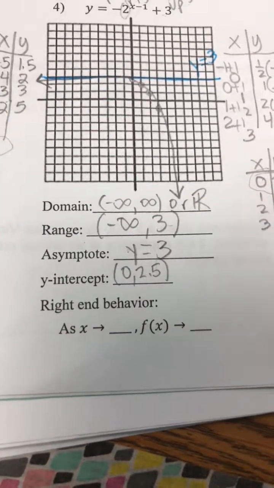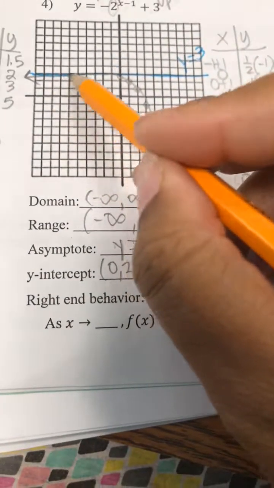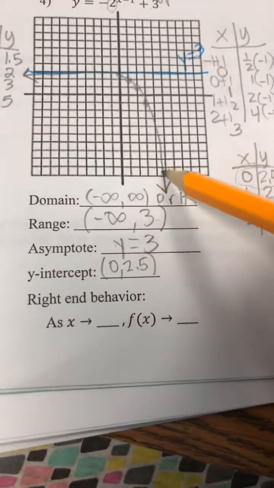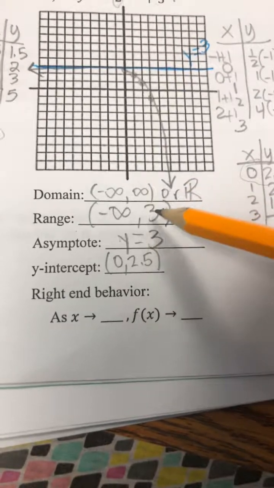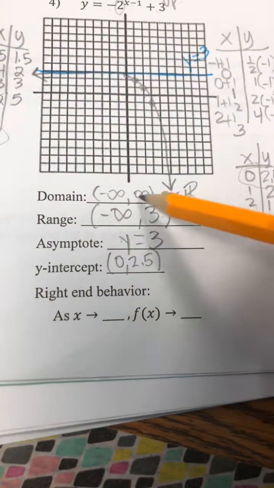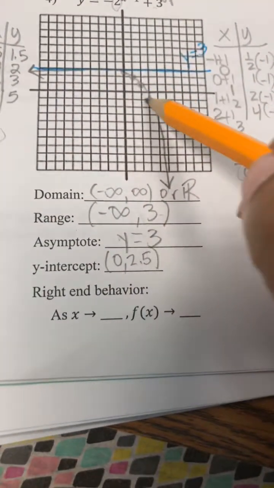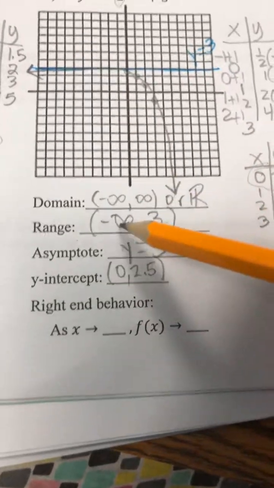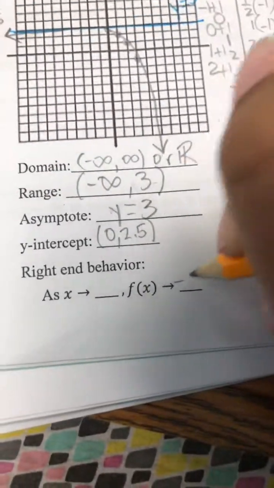And now the last is your right end behavior. So remember, we're looking at our range. As we go to the right, where is this graph going to end up? Normally, we'd be looking at this number. But because we're going to the right and it's been flipped, our right end behavior is actually going to negative infinity.